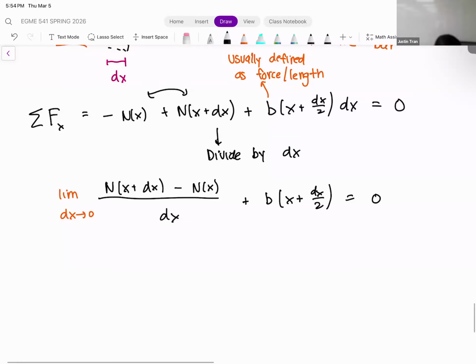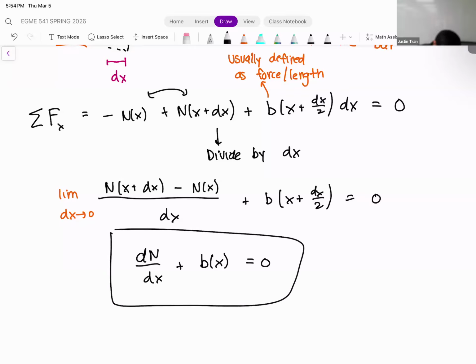That's going to be dN/dx plus b of x. We took the limit as dx goes to 0, so that dx over 2 term is also going to go away, and all of that is equal to 0.